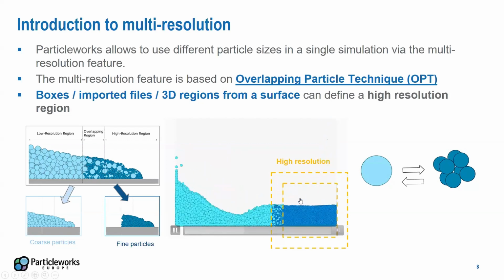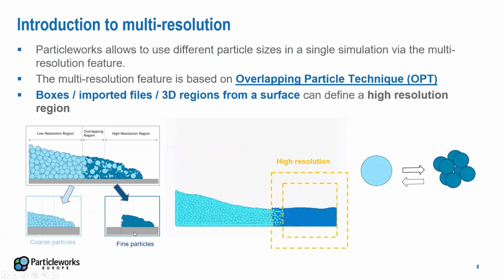This is very advantageous because it lets us define regions where the particle size can be reduced to better capture flow in small gaps without having to use this small particle size everywhere in the domain. So a very convenient type of approach.